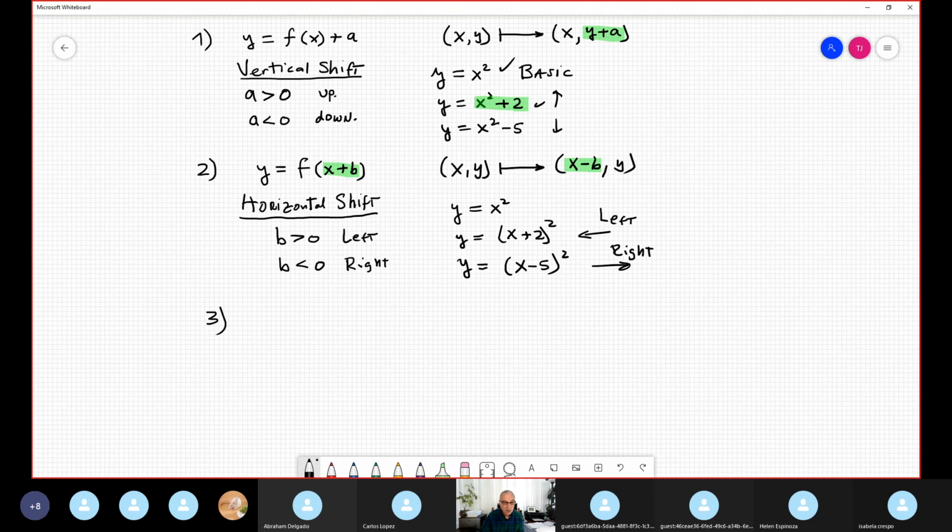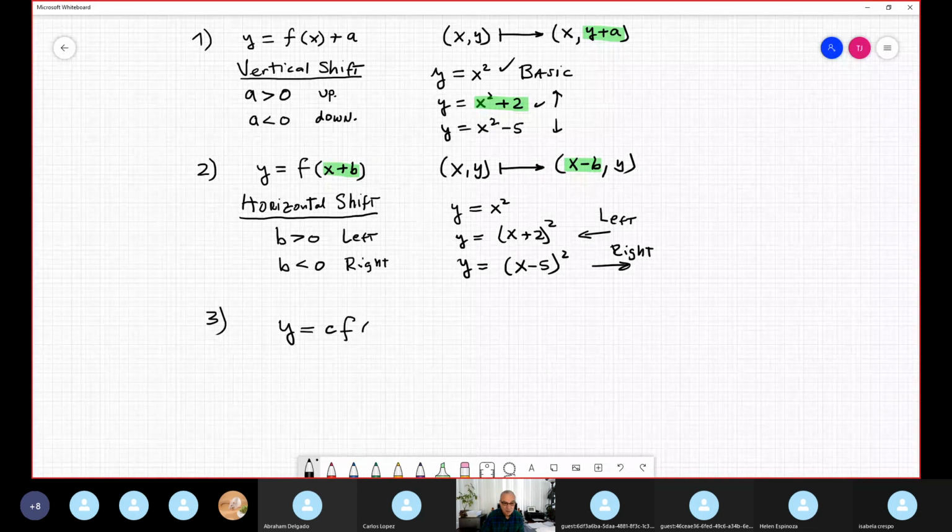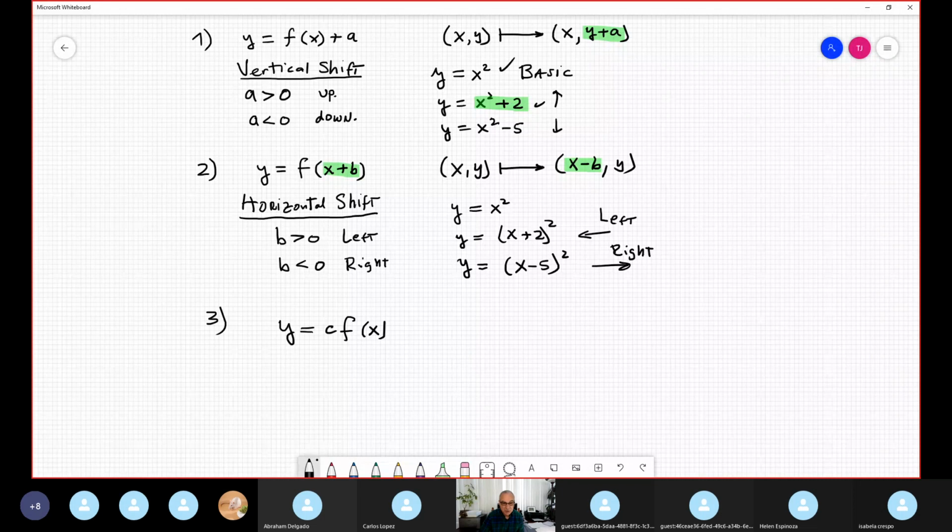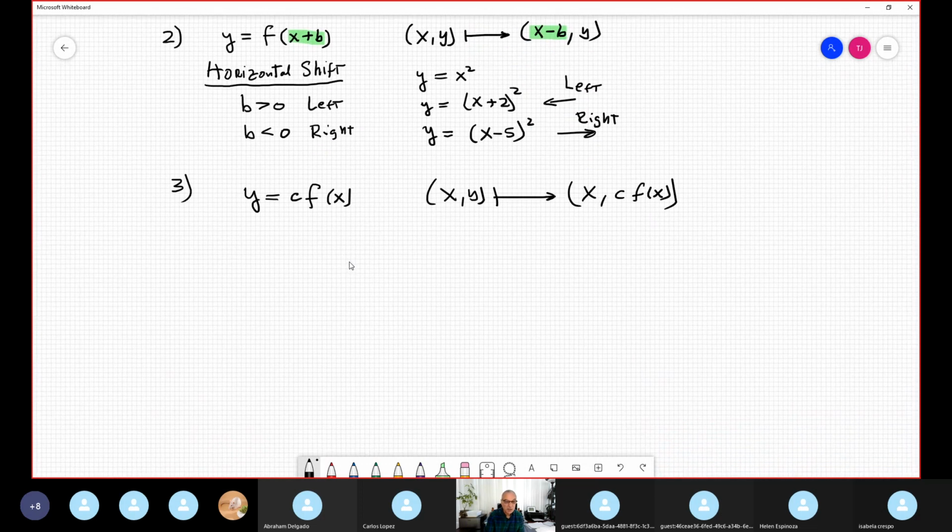Now the next transformation is when you, for example, multiply the function by a number. In this case you have a point and the transformation is that x stays the same, but y is multiplied by the specific number. This is more complicated because there's no motion, it's deformation.